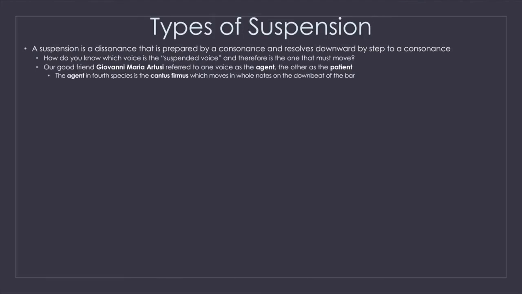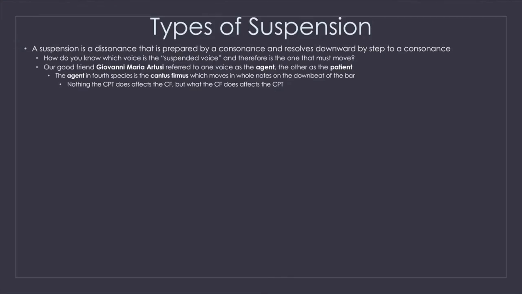So the agent in fourth species would be the cantus firmus. And that's moving in whole notes on the downbeat of the bar. And nothing the counterpoint does affects what the cantus firmus does. But the cantus firmus does affect the counterpoint, right? So, I mean, that's kind of obvious because the cantus firmus is written first.